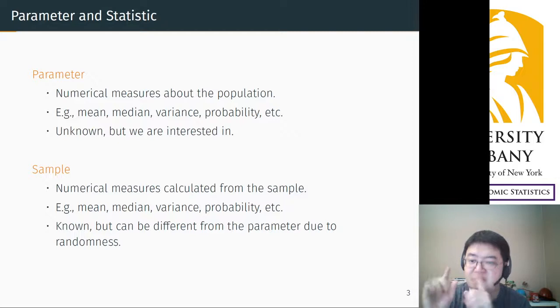So this parameter is the target, and the sample statistic is the counterpart of the parameter. The parameter is calculated from the population. It's the population mean, population probability, but you can do the same thing from the sample. You can calculate the mean from the sample. You can calculate the probability from the sample.